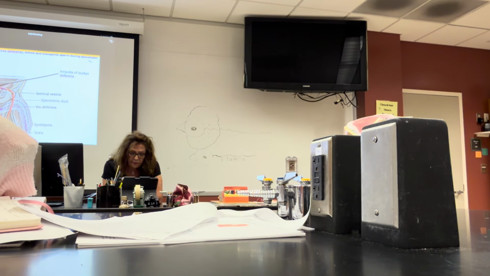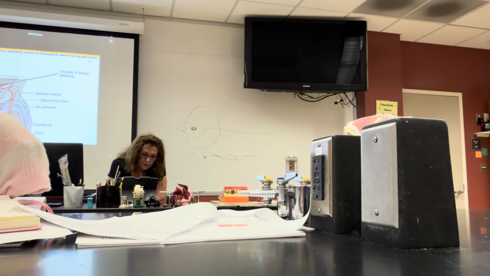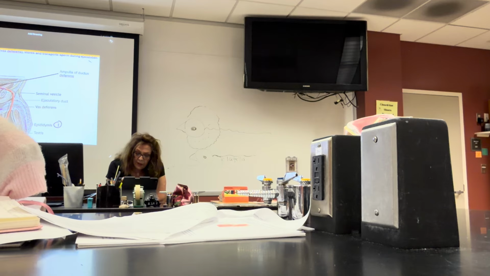So we start from the epididymis. The sperm from the seminiferous tubule enter the epididymis, number one. Then enter the ductus deferens. From the ductus deferens, it joins the duct of the seminal vesicle and becomes the ejaculatory duct.